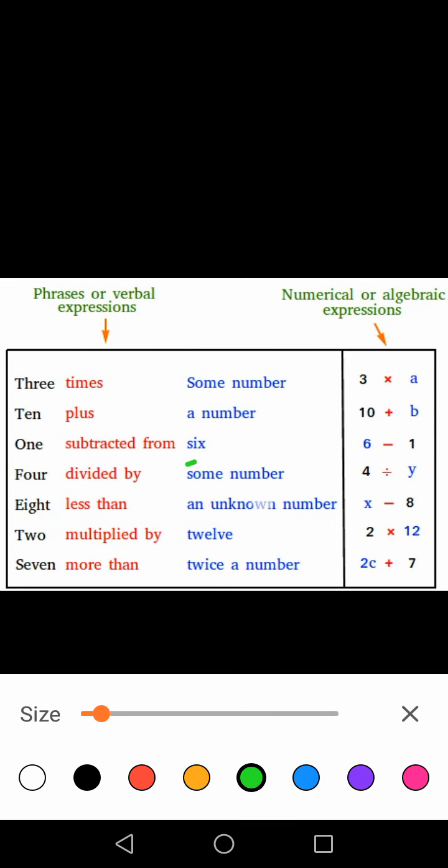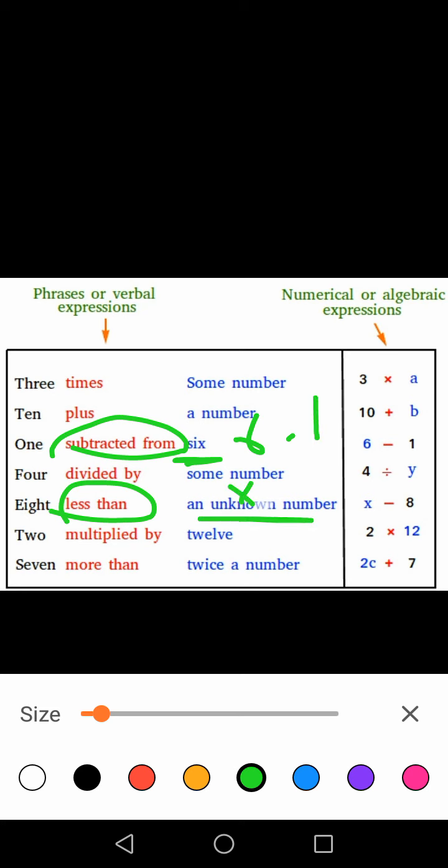Now, 1 subtracted from 6. Once you find subtracted from or less than, you will exchange it. You will put 6 first, minus 1. Look at less than, you will put the unknown number first, x minus 8.